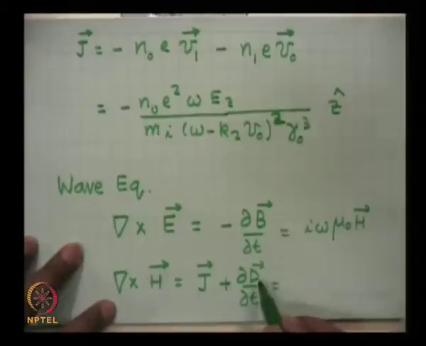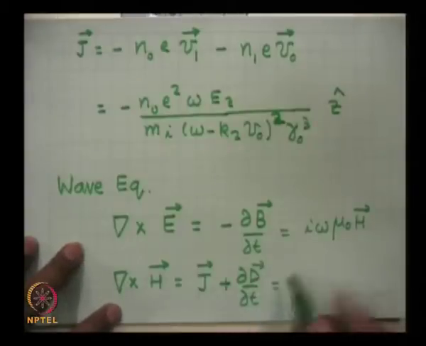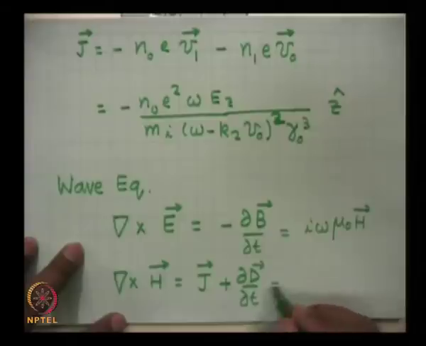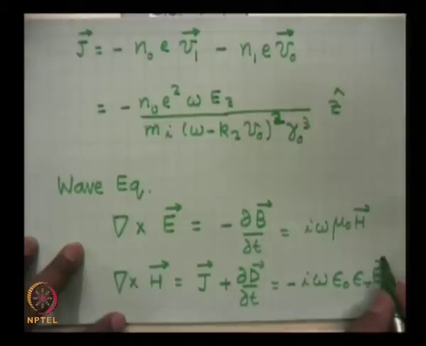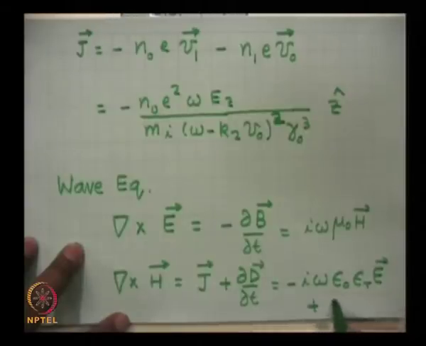Now dielectric is loaded in the waveguide, so I can write this term as minus i omega D, and D is equal to epsilon 0 into epsilon r into E. This is the relative permittivity of the medium filled inside the waveguide, called dielectric constant, plus J, the current density which is given here.